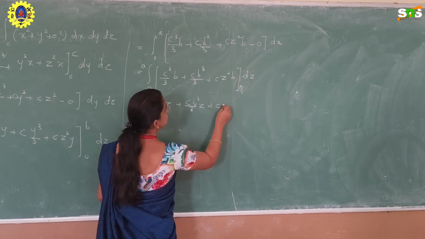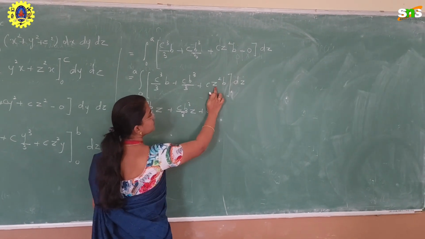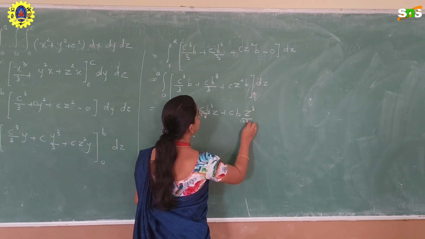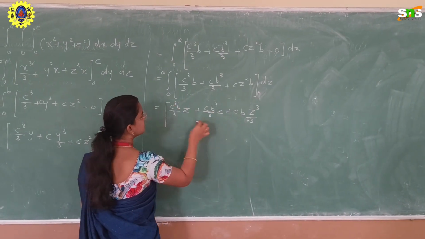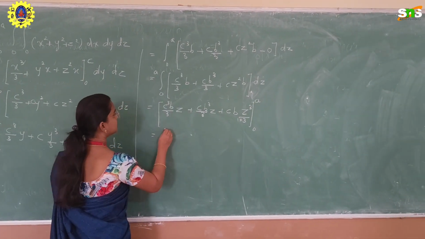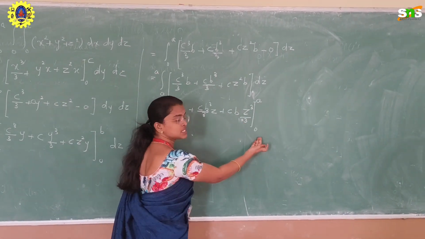Plus c b is constant, so z square, integration of z square with respect to z is z cube divided by 3. What is the limit here? 0 to a.